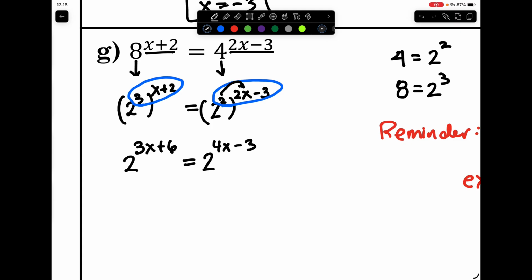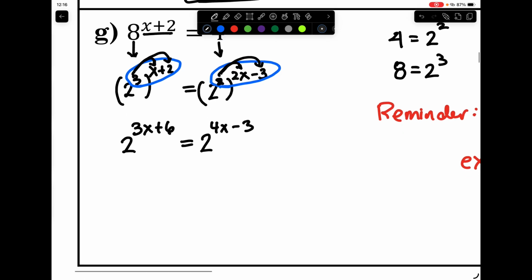All I did was distribute and multiply both of those values with that new exponent of 2, and here I multiplied the current exponent of x plus 2 with the new exponent of 3. And now I can follow the same technique as before.